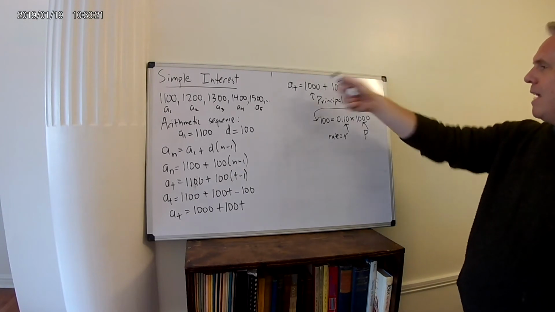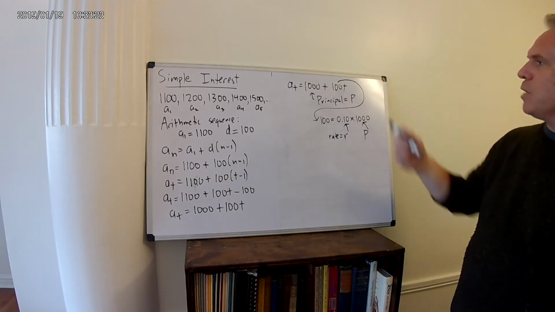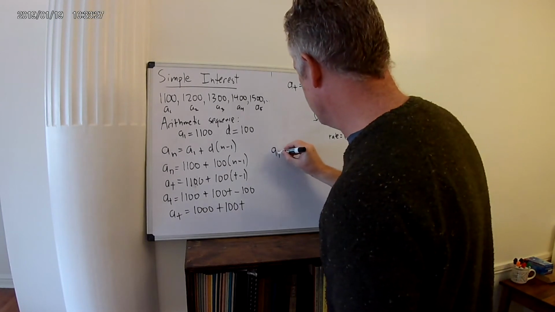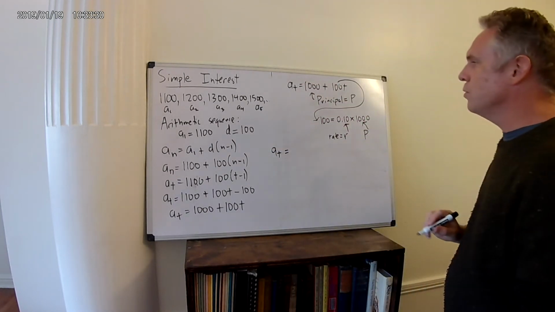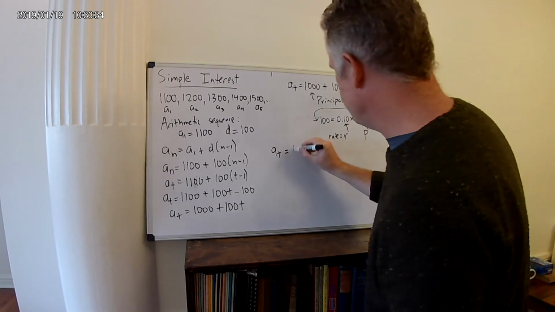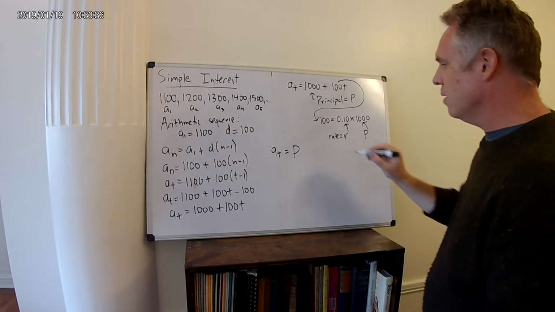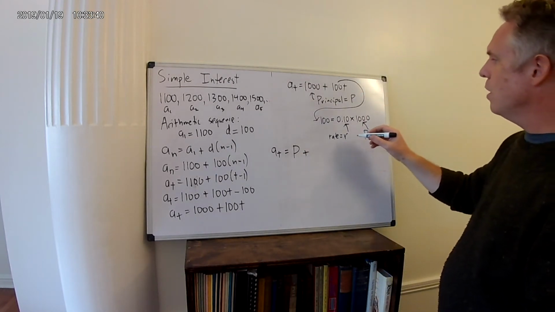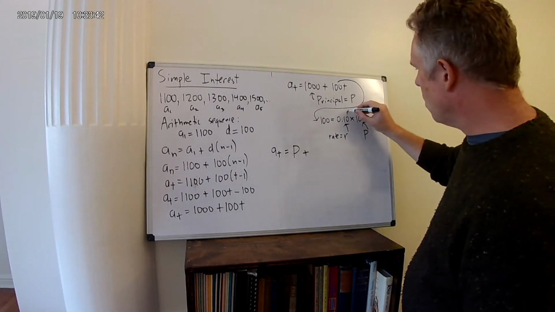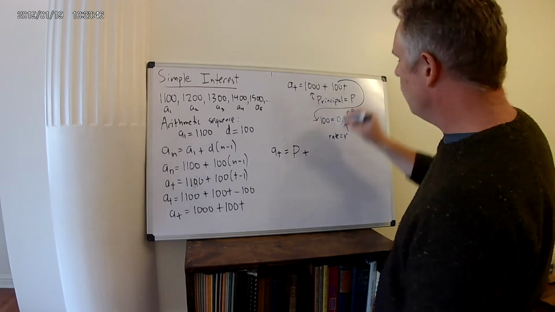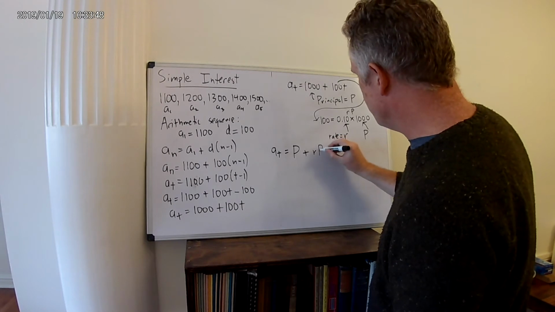So I'm taking this formula, identifying what different aspects of it equal, and then I'm going to rewrite it. A_t is equal to, replacing the $1,000, we know this is our principal, P, plus, and this $100 is simply R times P. It's the rate times the principal.